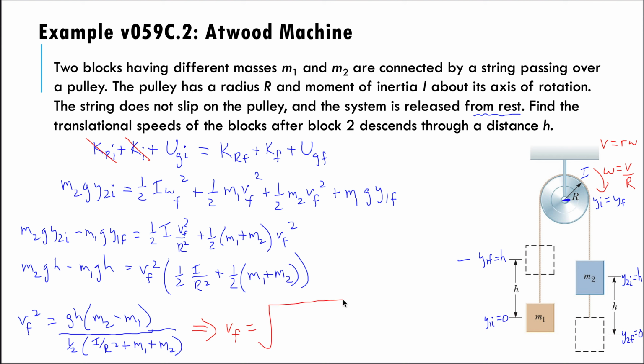We get vf equal to the square root of g h times (m2 minus m1) divided by 1/2, which we can bring to the top and just make a 2, multiplied by the reciprocal of (I over r squared plus m1 plus m2). So that's our final answer because we're not given any numbers. But in general, the final speed of these masses is going to depend on the moment of inertia of our pulley. So if it was a solid disk, we would put 1/2 m r squared in there.